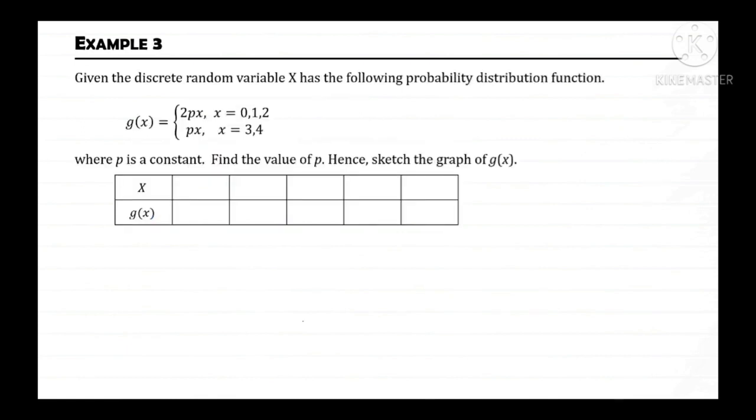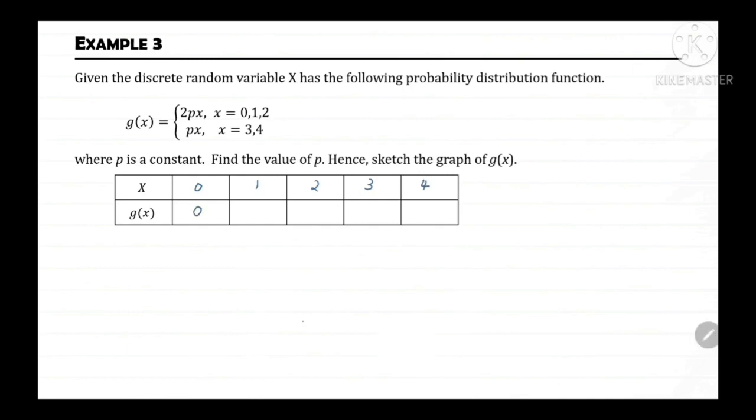Example 3. Given the discrete random variable X has the following probability distribution function, g(x), where p is a constant. Find the value of p, hence sketch the graph of g(x). To find the value of p, we put x into the probability distribution function, where x can take the values 0, 1, 2, 3, 4. When x equal to 0, g(x) equals 0.